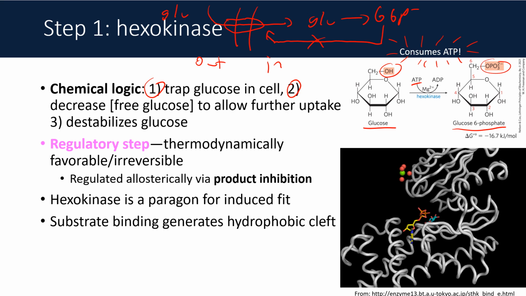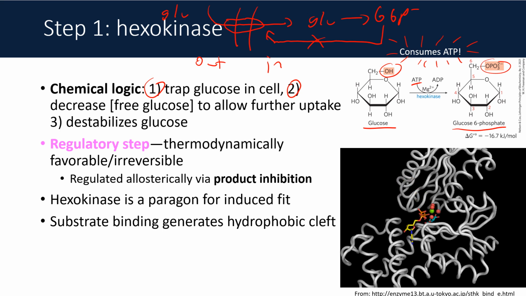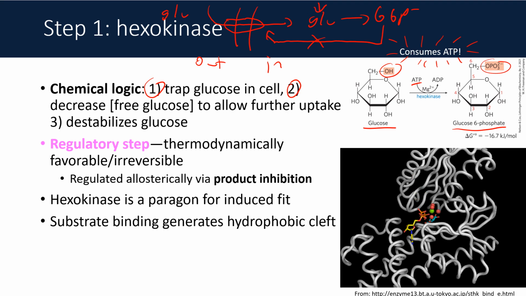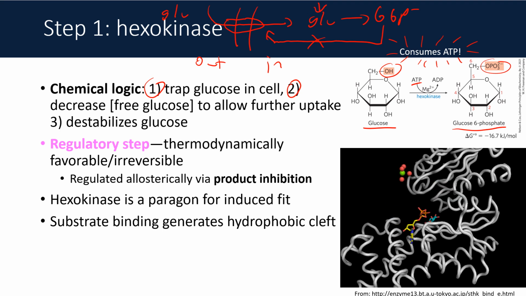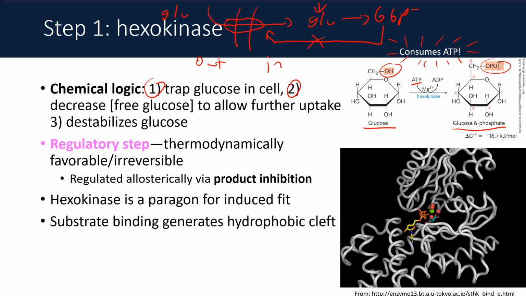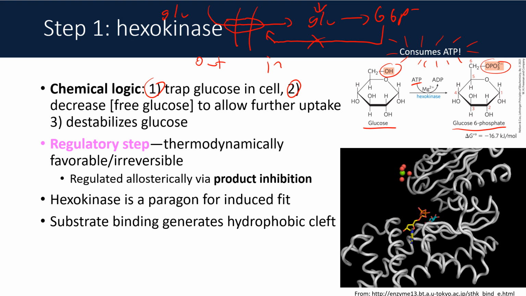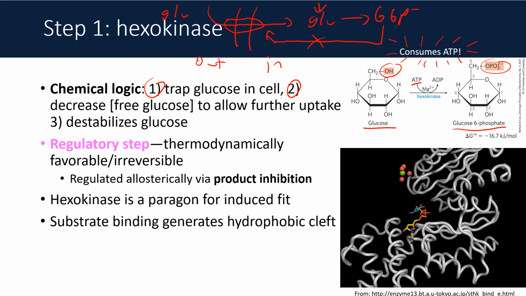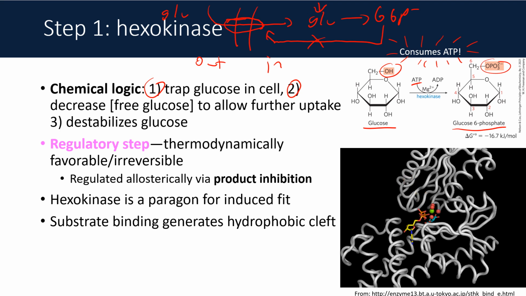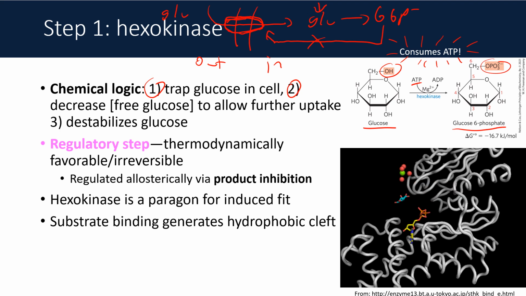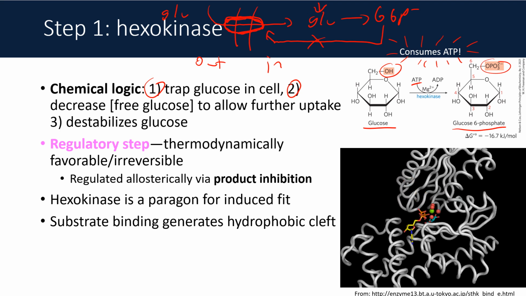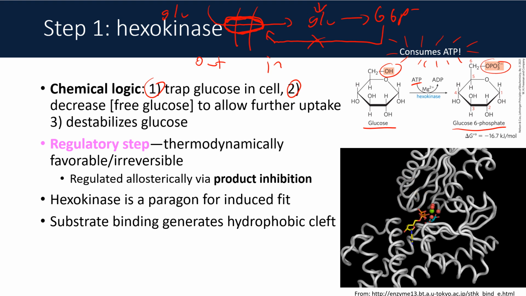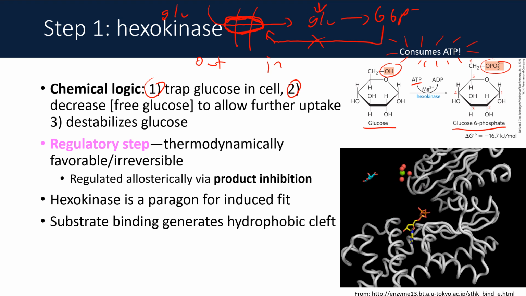Related to that, hexokinase is effectively decreasing the concentration of free glucose. And I want you to think about this in terms of Le Chatelier's principle. Let's consider the glucose transportation process to be one that's in dynamic equilibrium, with the concentration of glucose constantly being depleted.